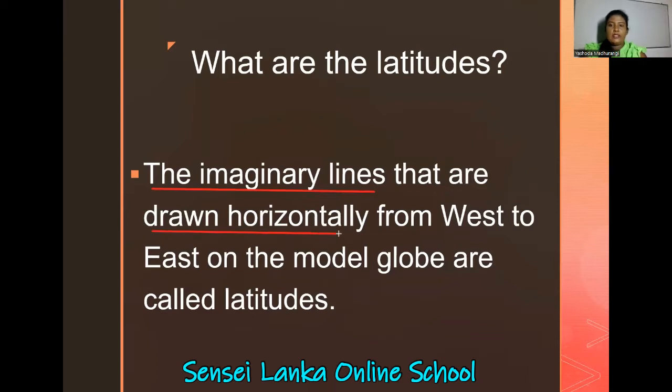They are drawn horizontally from west to east on the model globe. Then you have to remember the word latitudes. Imaginary lines drawn horizontally west to east, model globe, latitudes. Very easy to understand. Dear children, this definition will be useful for you in the exams. Don't forget the definition.